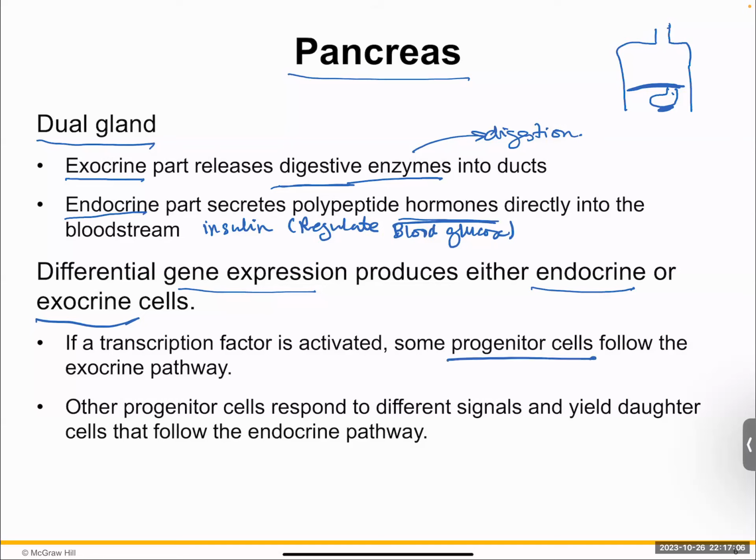So some progenitor cells are going to follow and transcribe certain factors, and that leads to the exocrine pathway being activated, which means those cells are going to eventually become cells that produce digestive enzymes. Some progenitor cells respond to different signals, and they are going to yield cells that are going to be part of the endocrine system and therefore produce hormones such as insulin.